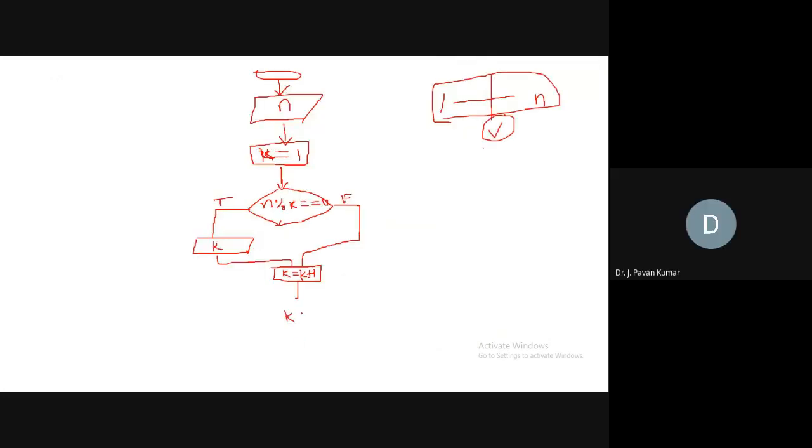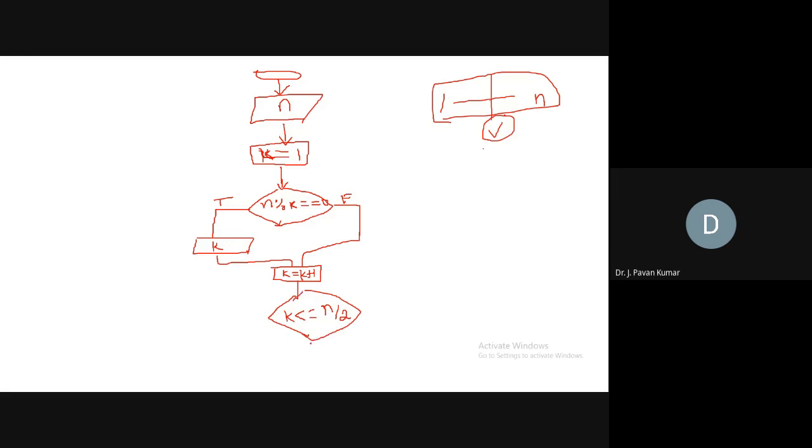So what should be the condition here? If k is within the range, that is, if k is less than or equal to n by 2, that is the condition. Condition means we have to use a diamond.